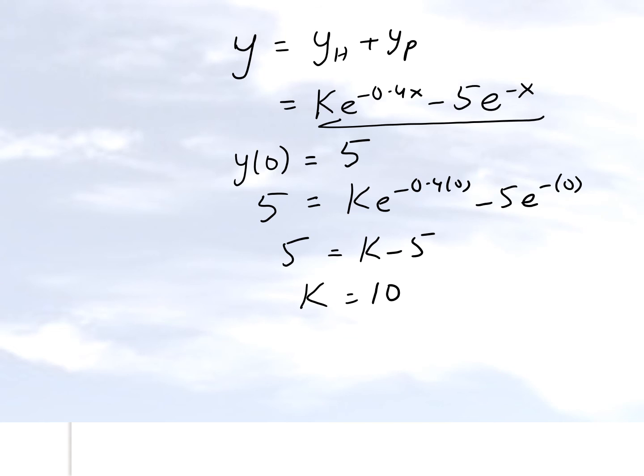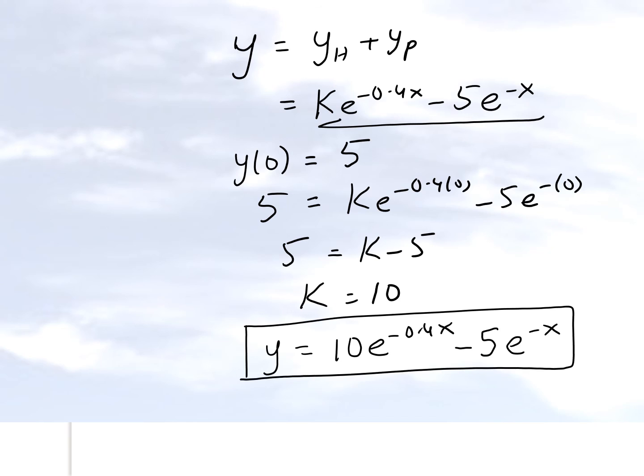So the whole solution will be 10 e to the power minus 0.4x minus 5 e to the power minus x. So that is the solution to the ordinary differential equation. But we are asked to find the value of y at 3, which will be this quantity right here.